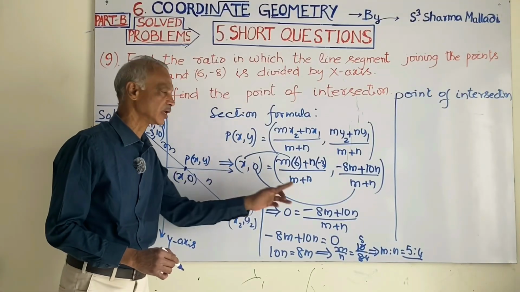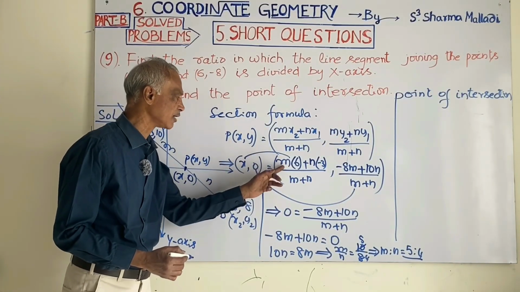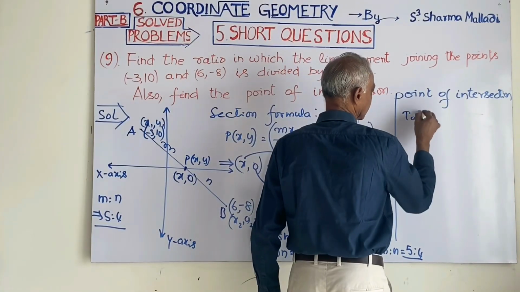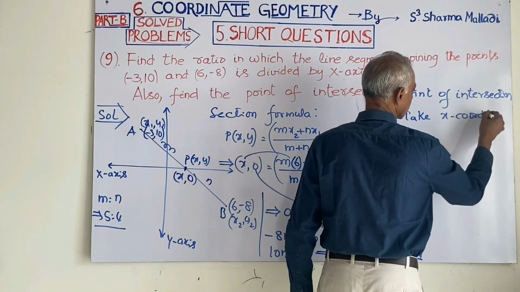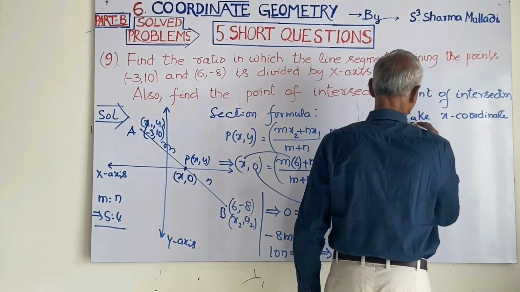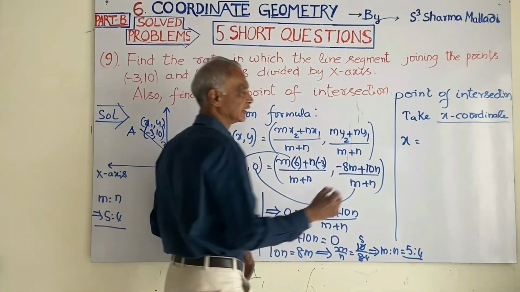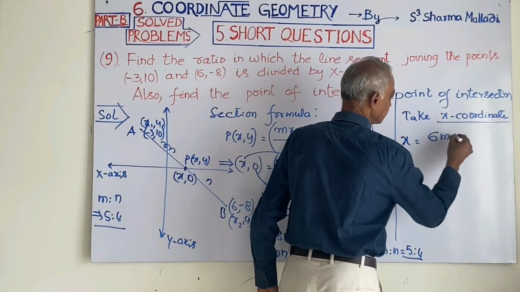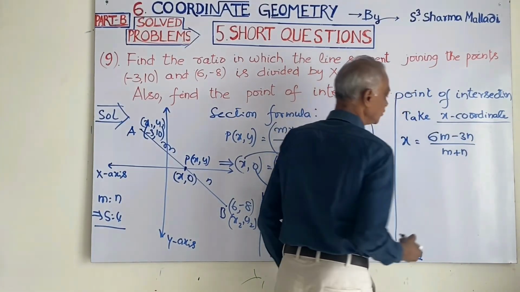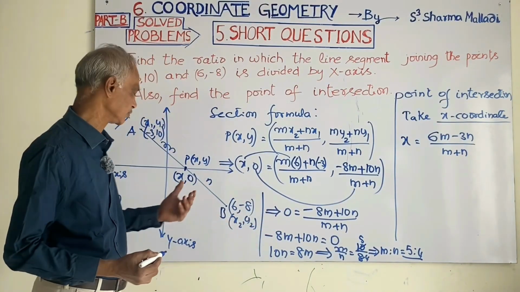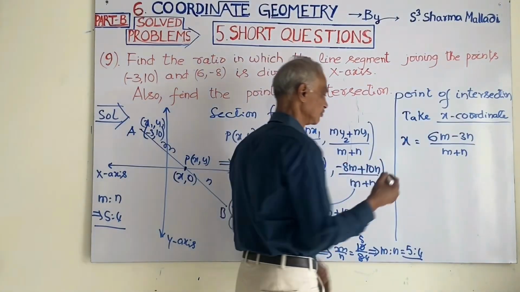You take the x coordinate, so that you can find the value of x, because you know m and n. Take the x coordinate: (6m - 3n)/(m + n). You know the values of m and n, ratio 5 is to 4. Substitute the values of m and n in this equation.